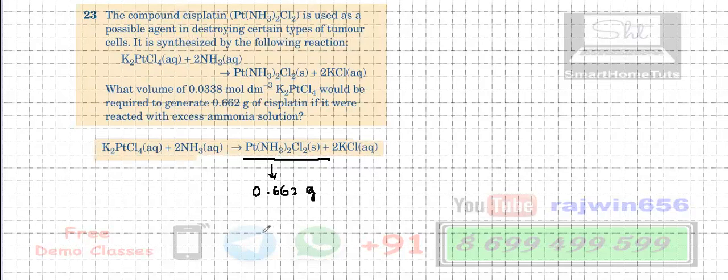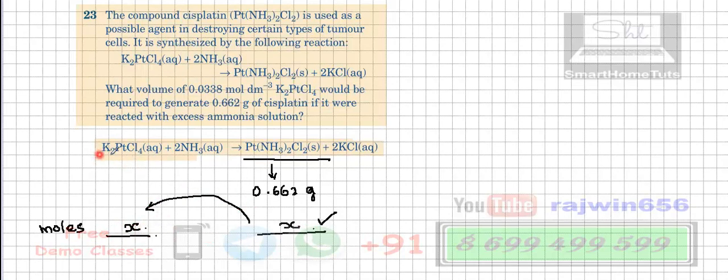From the molecular mass of this substance, Pt(NH3)2Cl2, we will be able to get the moles of this. The mole ratio is 1:1. Once you get these moles, you will get the moles of this part also, which will be the same.